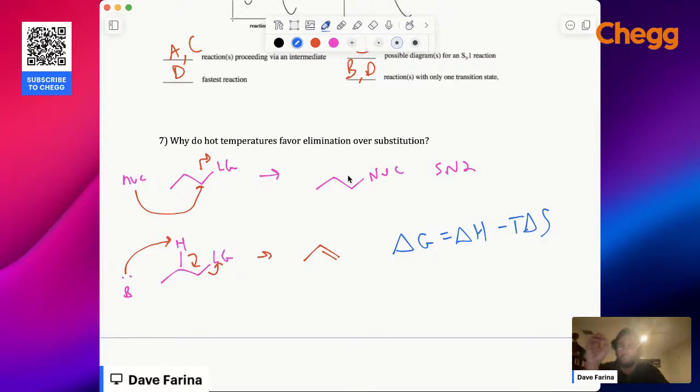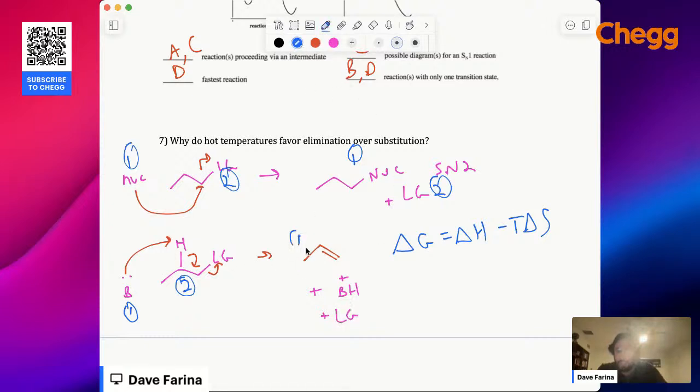Now, what can we say about the change in entropy for these? Here we have two things going to two things. For a substitution reaction, we have a nucleophile attacking a substrate, and then we have the new product and the leaving group that left. So we started with two things, and we end up with two things. Over here, we have a base, and we have the substrate, but then we have BH plus and LG.